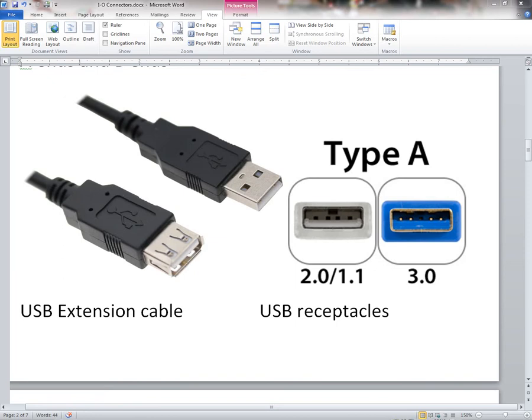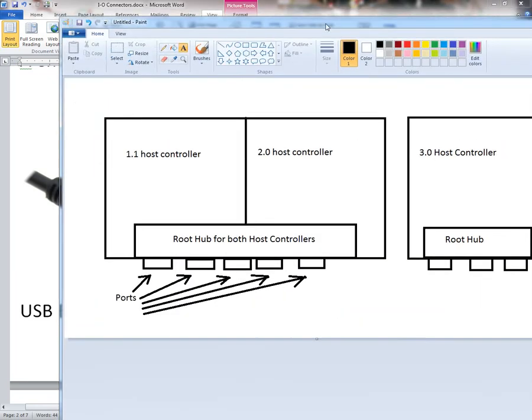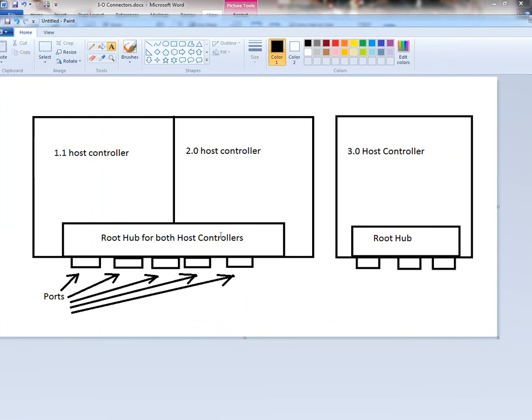So the other thing I want to show you about USB is the host controllers and how they work. Because while you can plug a 2.0 device into 3.0 and it is backwards compatible, it will read the device, and you can plug a 3.0 device into a 2.0 and it will read the device as well, but they work a little bit differently.